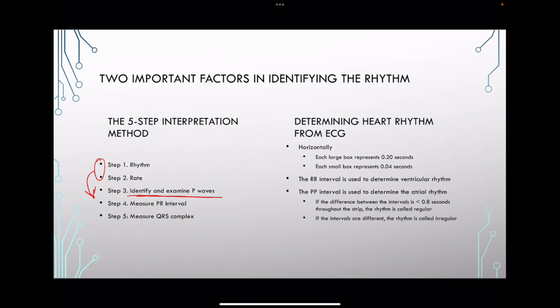So the first thing you're going to want to do is identify if your patient has a P wave, because that determines what kind of rhythm you have, if you have a dysrhythmia, or if you have a variation of a block.